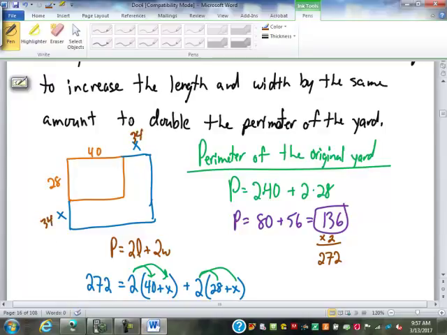If we wanted to know the dimensions of the new yard, it's going to be 40 plus 34, 74, by 28 plus 34 is 62. So the new yard will be 74 by 62. Make sense?